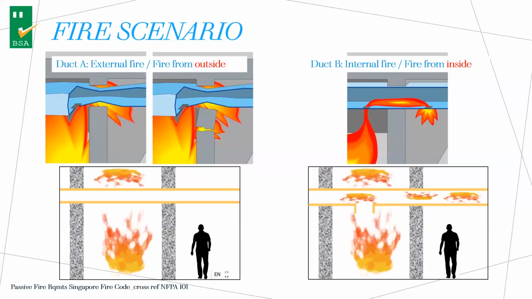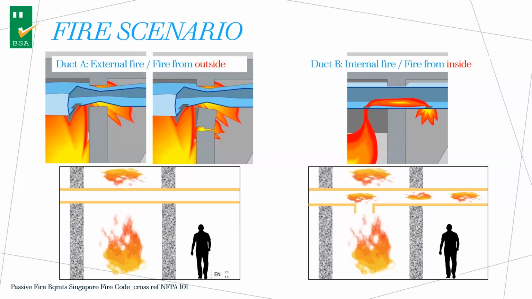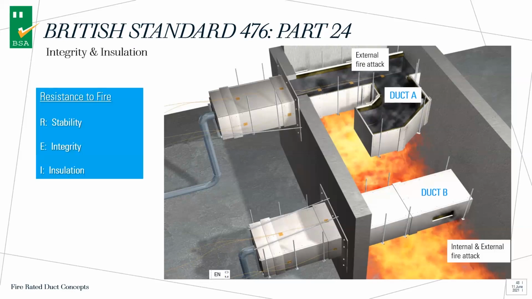So I introduce you to this terminology called duct A and duct B. The European standard, or the British standard, has some guidelines on how to test, because what we are concerned with is that on the outside of the fire, you are safe. The fire doesn't spread through the duct to the safe side. So the standard requires us to do two tests.